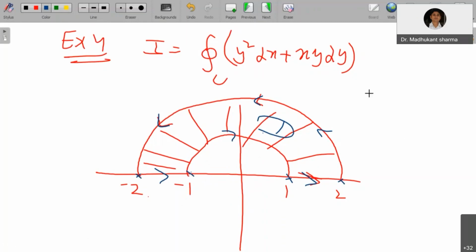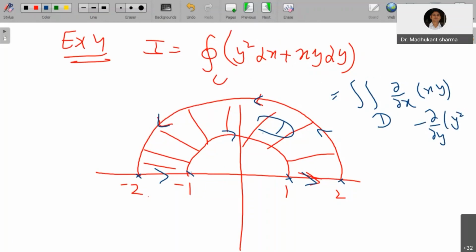Now Green's theorem gives you a double integral over D, as we have just solved: dou by dou x of the dy component, that is x into y, minus dou by dou y of the dx coefficient, that is y square, dx dy.